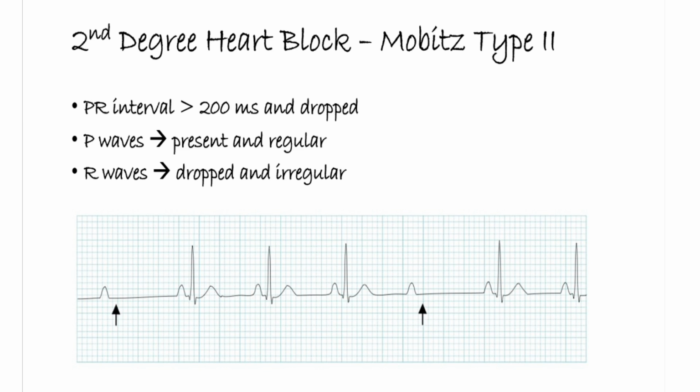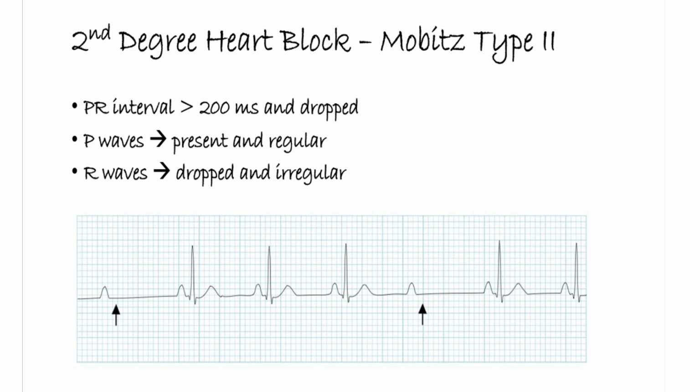Here the PR interval is not lengthening, and then we have a specific cardiac cycle where the R wave is dropped. So this is the specific way to evaluate and come to the conclusion that a person is suffering from Mobitz type 2.